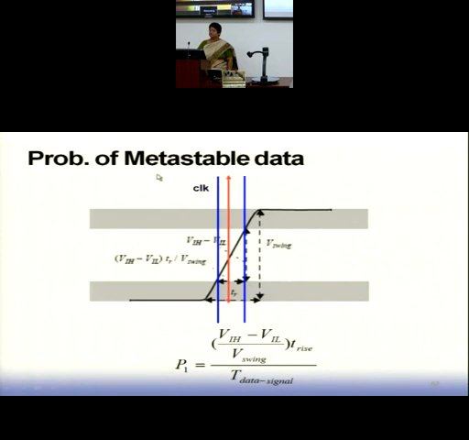So, what's the probability? First of all, when the clock edge has come, under what condition will metastability come into the picture? He says, what's the probability that when the data is sampled, your data is in a metastable range? Calculate the probability that data is in a metastable range when it is sampled by the clock.